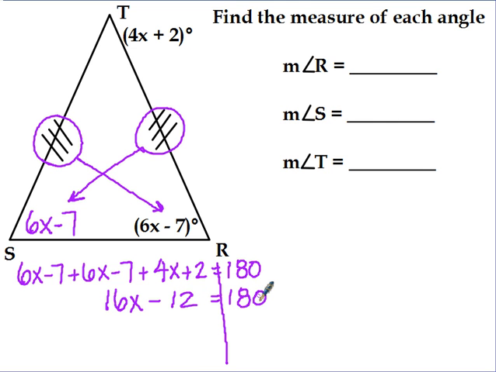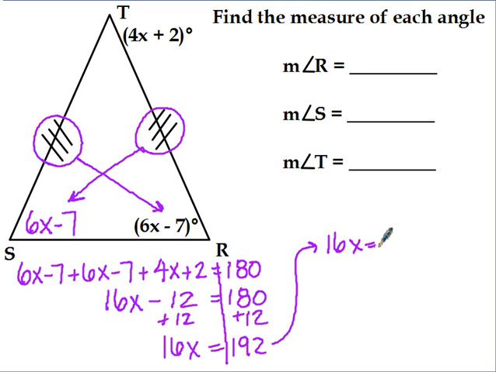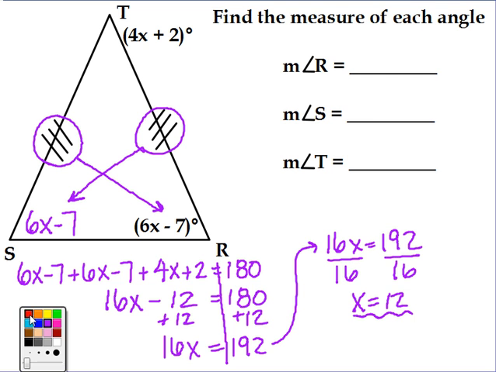So I'll add 12 to both sides, and I get 16x is 192. And again, I ran out of room, so I'll move it up here. Now divide both sides by 16, and I get that x is 12. And again, that 12 is just a number. It's not an angle measure. So I'm not going to put it up here for our s or t. I have to plug back in. So I have 6x minus 7 here.